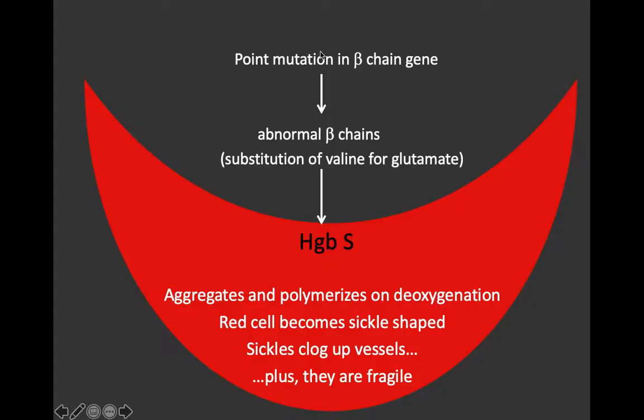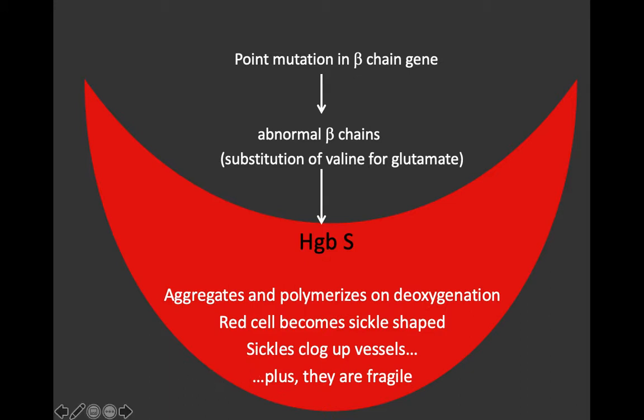So again, you have a point mutation that forms the beta chain, and what happens is there's a substitution for the amino acid valine being put in instead of glutamate. And now the chain is the wrong shape, and so now we give it the name hemoglobin S and not just hemoglobin B anymore.